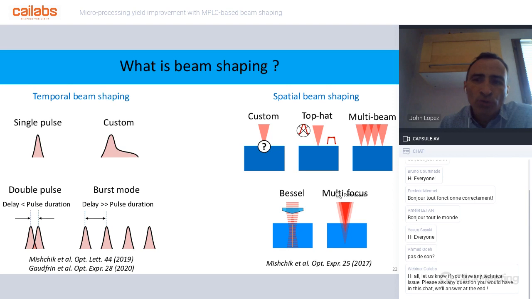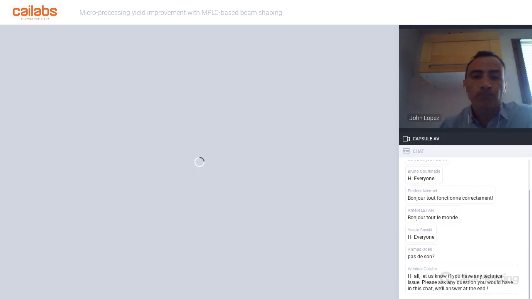By this means, you can produce bulk modification, which is very elongated, intense, and highly localized. And this is good for glass cutting, for instance. And with a DOE or, for instance, a phase plate, you can produce multifocus and tune the amount of energy for each focus point. By this means, you will deliver the pulse energy at different levels into the sample.